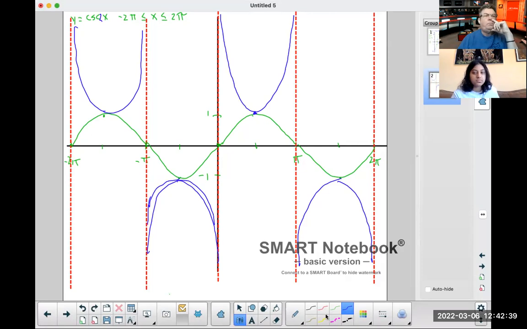Okay. All right. So cosine is the same, just shifted.